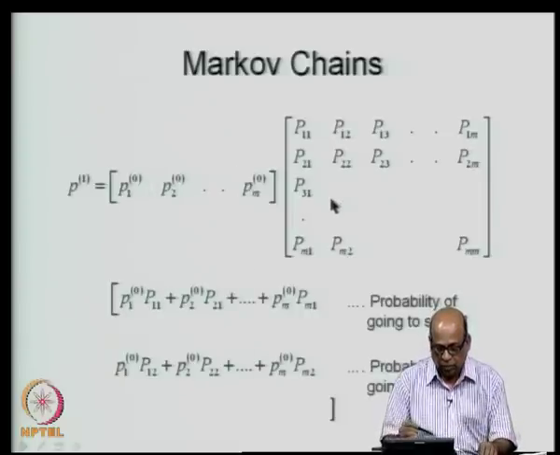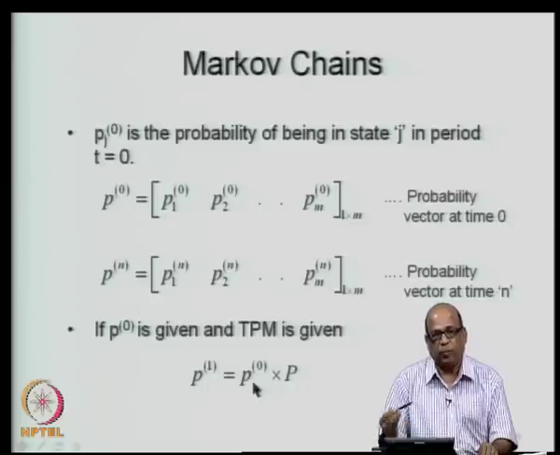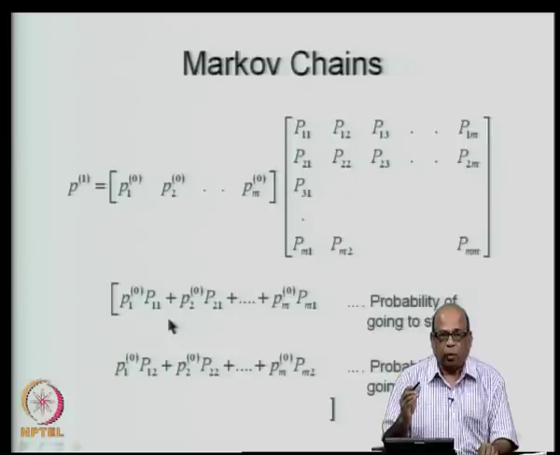So, we obtained p^1 as p^0 into P. That means, in the previous time period we knew p^0 and multiplied it by the transition probability matrix to get p^1. So, we have obtained p^1 now. That means, the probability vector at time period 1 is known.